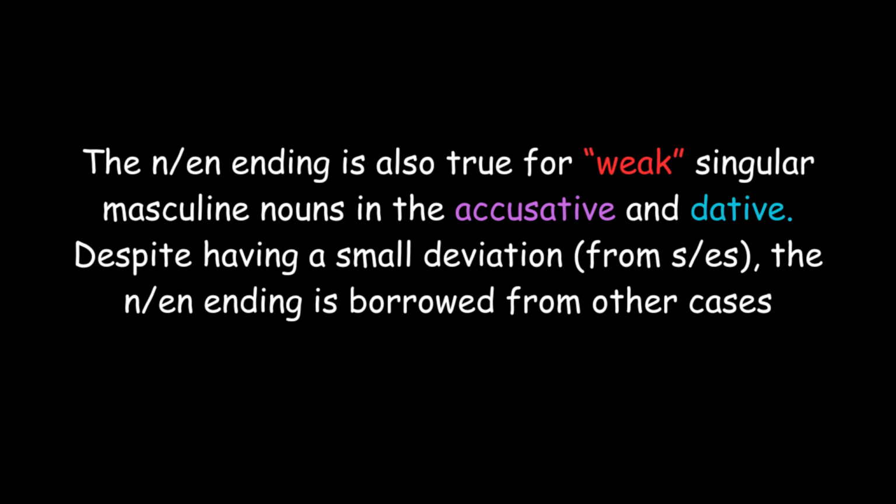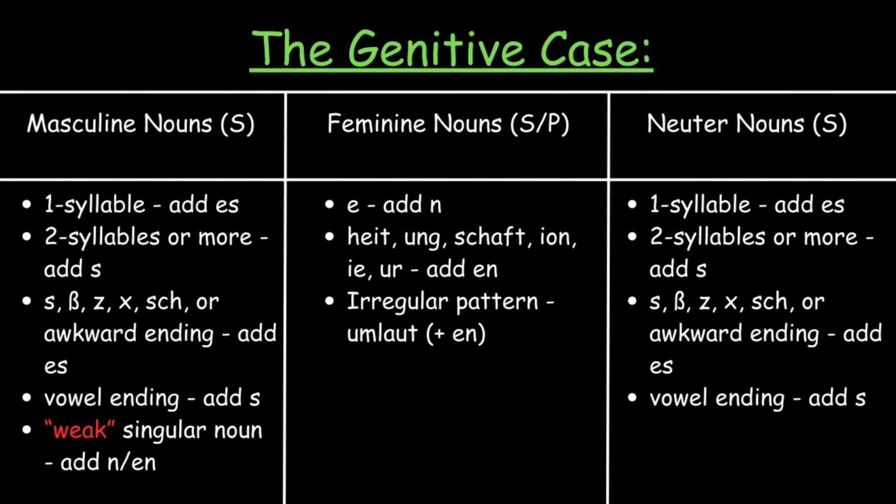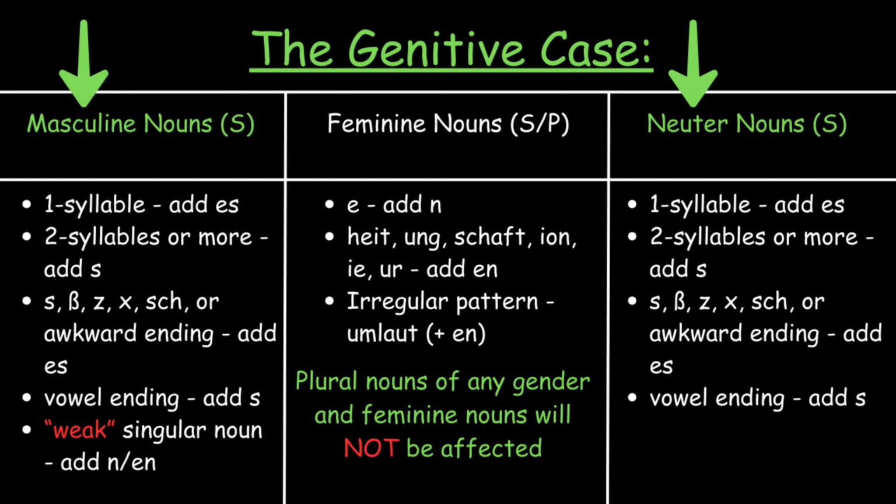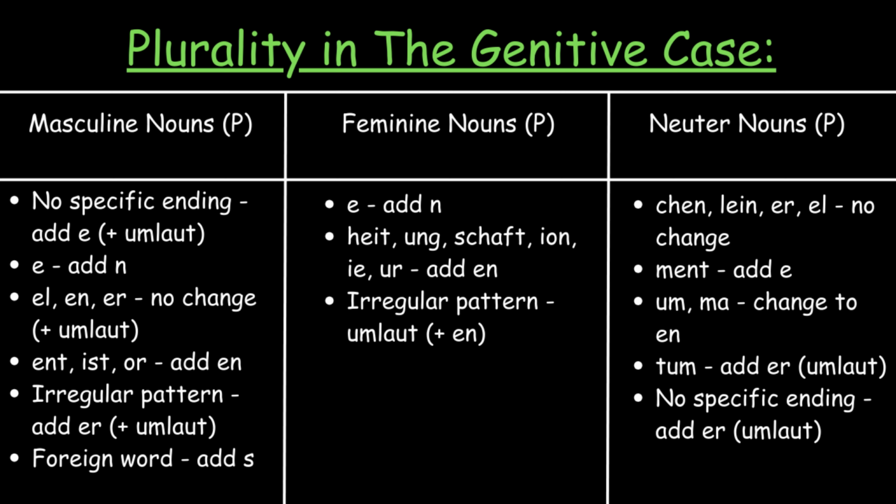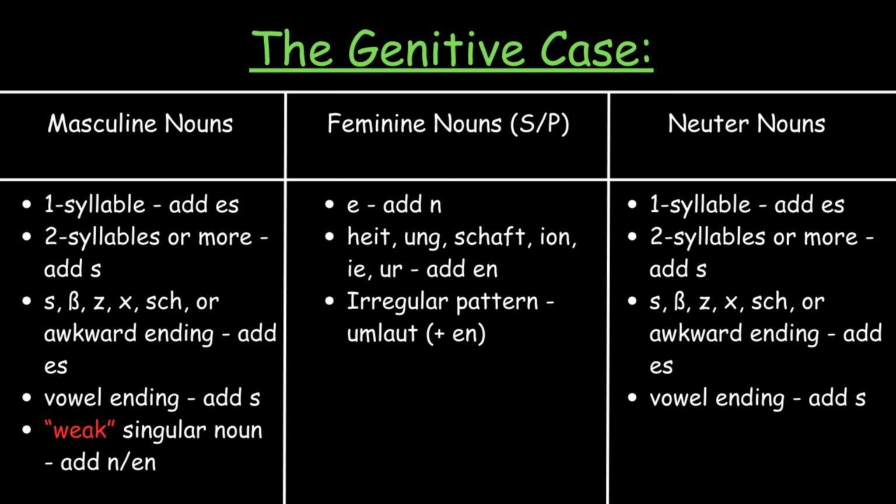So despite having a small deviation, this ending is simply borrowed from other cases. This is the general pattern for noun endings in the genitive, and it solely applies to masculine and neuter singular nouns. Plural nouns of any gender and feminine nouns will not be affected, so they follow the standard endings of every case. This is how nouns fully function in the genitive.